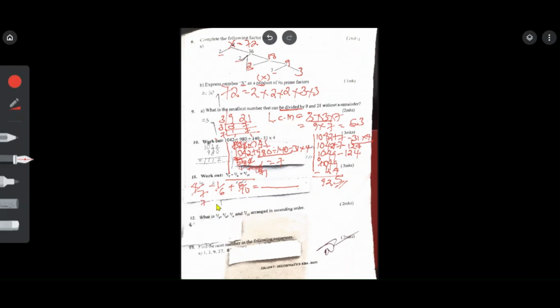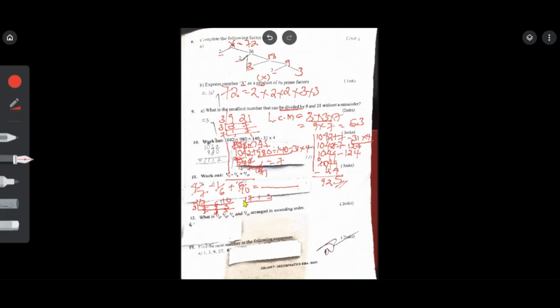So 7, 6, 10. Let me see. By 2, you're having 7, you have 3, you have 5. By 3, you have 7, you have 1, you have 5.